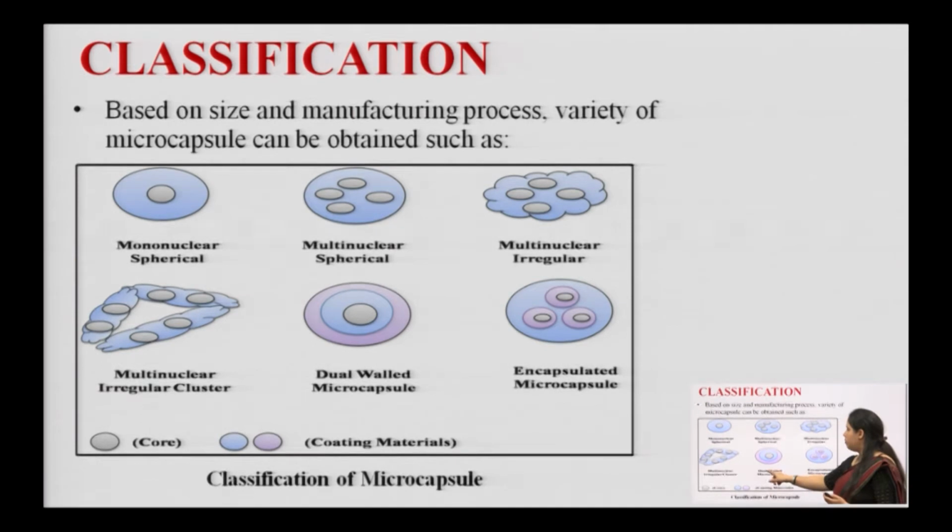That is why we say dual, because you can have dual layers of polymers. Now, encapsulated capsules means a single polymer coating contains already existing tiny microcapsules within the layer. Here you can see that three microcapsules or microspheres are entrapped within the polymer layer. So, these are the types of microcapsules you can have during the manufacturing process.